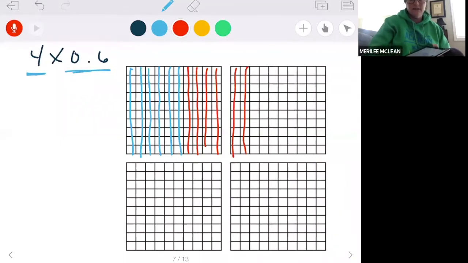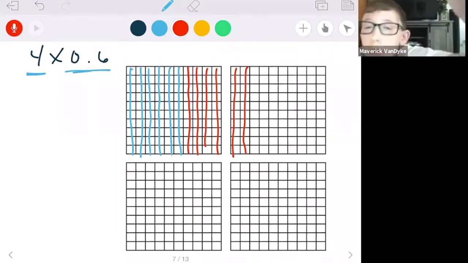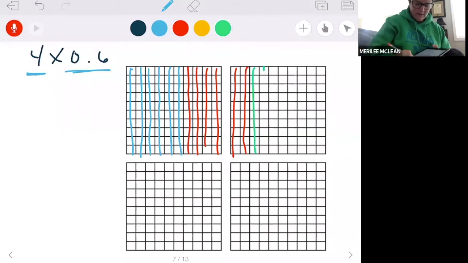How many 6/10 do I have now? Hold up your fingers. 2. All right. Here we go. 1/10, 2/10, 3/10, 4/10, 5/10, 6/10. And then I need 1 more group. 1/10, 2/10, 3/10, 4/10, 5/10, 6/10.